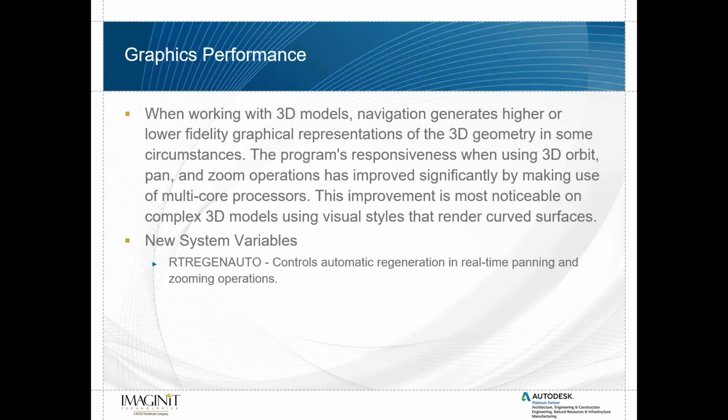AutoCAD, at its base, the ACAD.exe, still contains original 4 and 8-bit code from back in the early 80s. AutoCAD, for the most part, is still entirely a single core, single thread operation. With the new graphics performance, what they are doing is this: in older versions of AutoCAD, you had something called WHIPTHREAD, which you could set to 1, 2, 3, or 0.